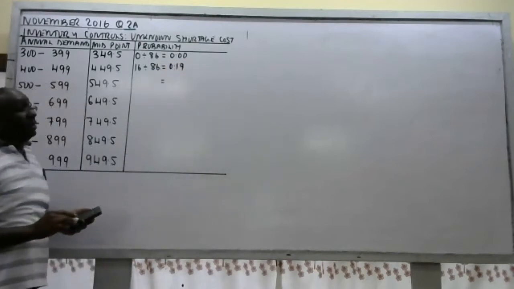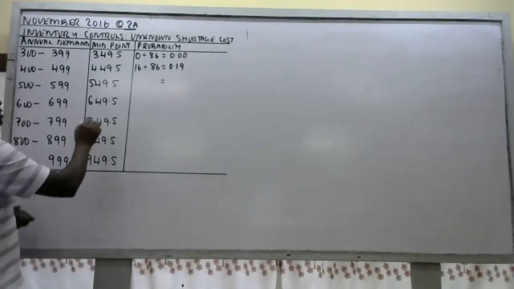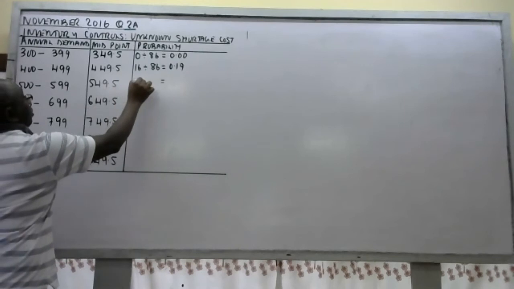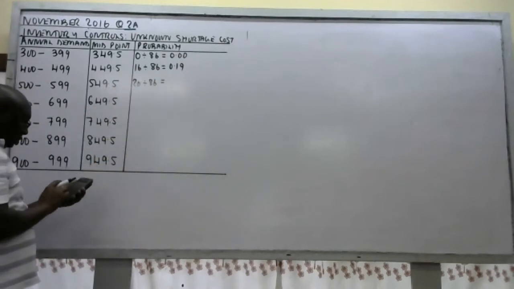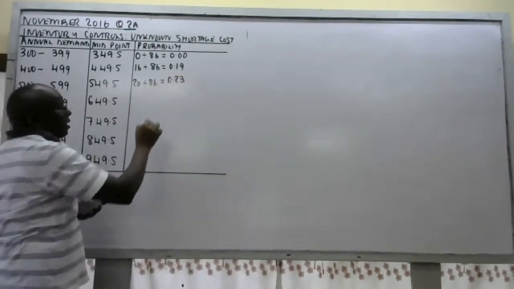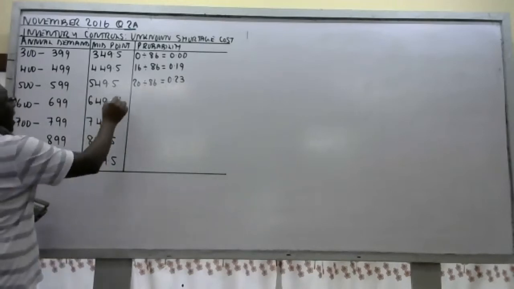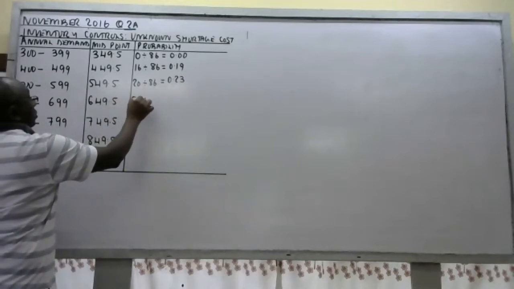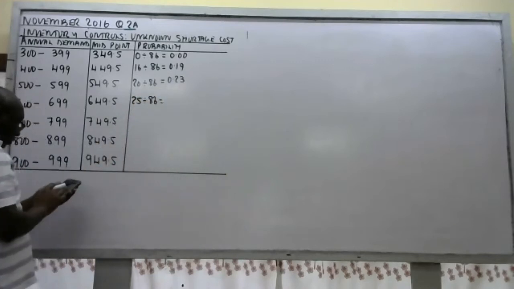And the same case here, it will be 20. You divide by 86. That is 0.23. Then 25. You divide by 86.